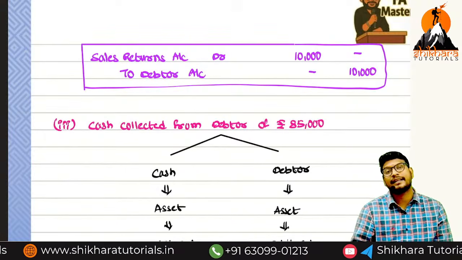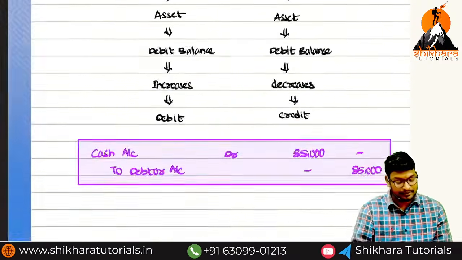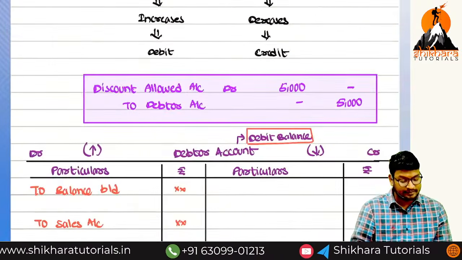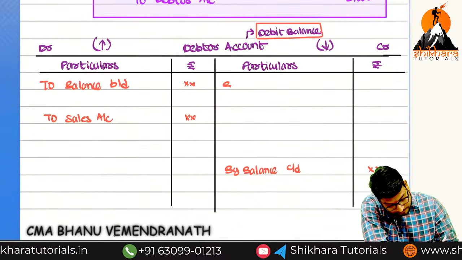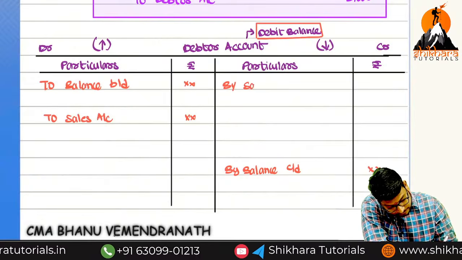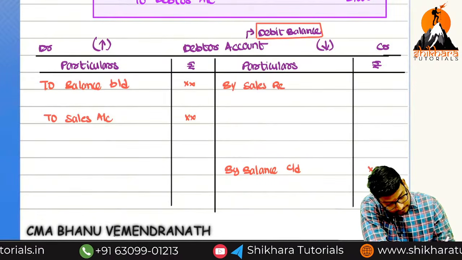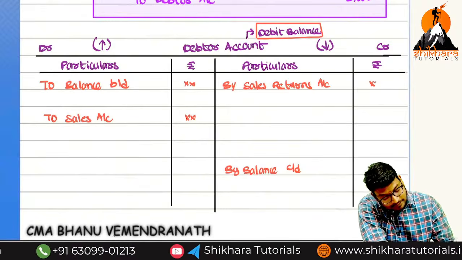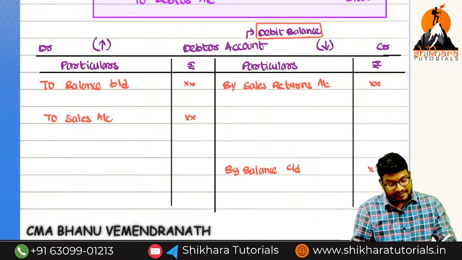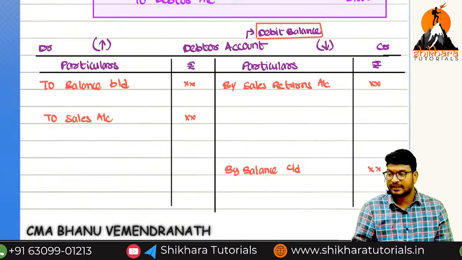Credit side, while writing anything, which word we have to put? By. So by sales returns. By sales returns account.